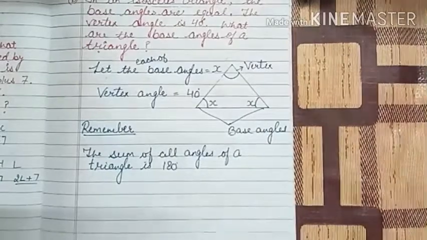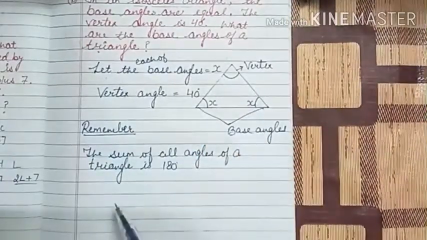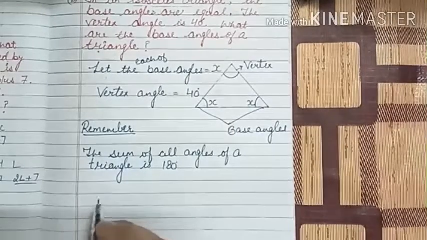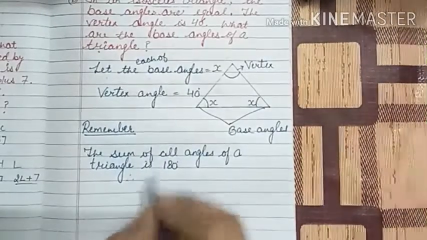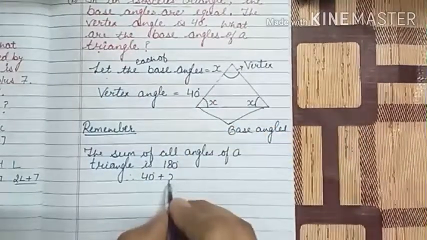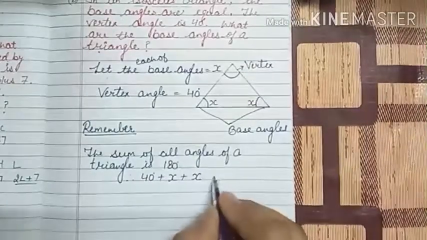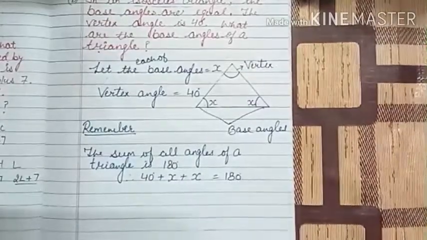That means the sum of these three angles, the vertex angle and the two base angles, will be equal to 180 degrees. So let us write: vertex angle 40 degrees, first base angle x, second base angle also x, equal to 180 degrees.